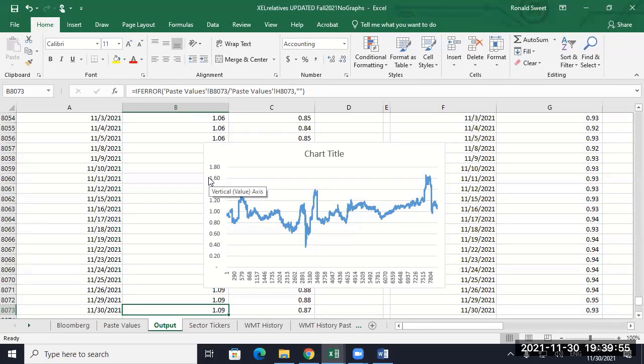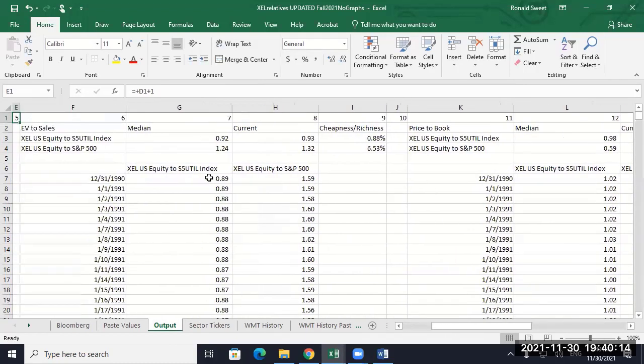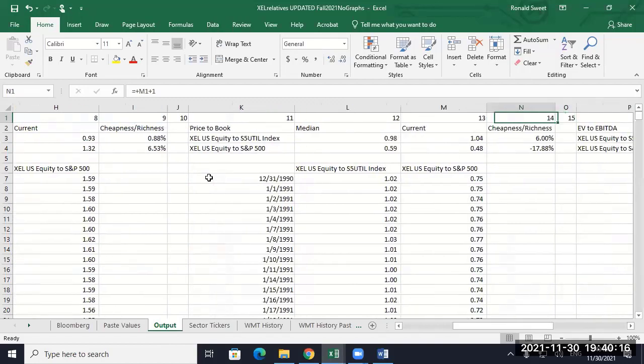So you occasionally see this with firms. One option is you say, you know what, let's just take those huge years out. The other option is PE ratios are far more sensitive than EV to EBITDA ratios. So maybe go to EV to EBITDA. If your PE is not working, then go to EV to EBITDA and see if that gives you a better looking chart. Price to book, they've historically traded about 2% cheap.